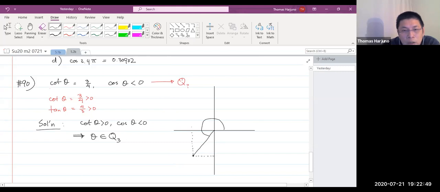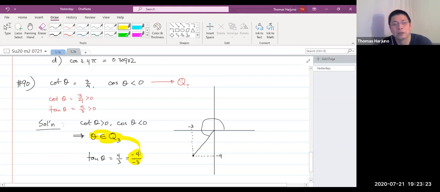But we know in quadrant 3, the x and the y are both negative. So this must be -4 here, and this must be -3 here. We can say tangent theta, which is 4/3, can be seen as -4/-3 because it has to be in quadrant 3. The x and the y have to be negative. So you rebuild it that way.